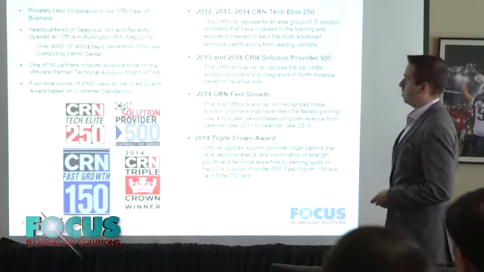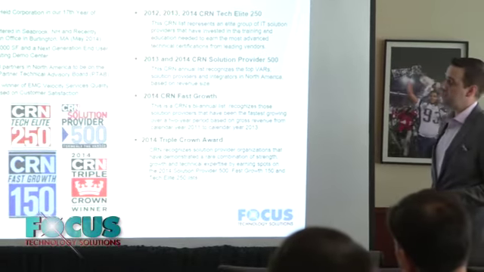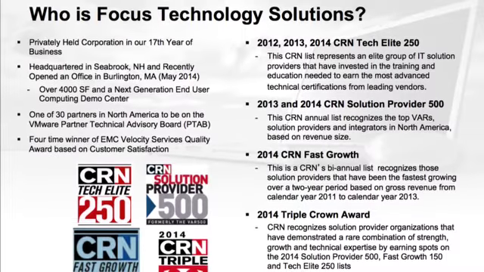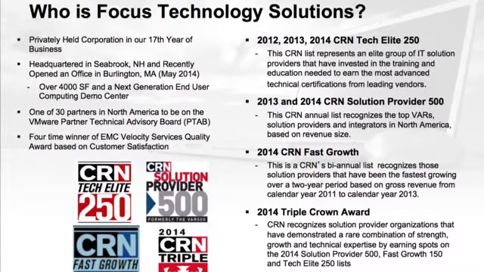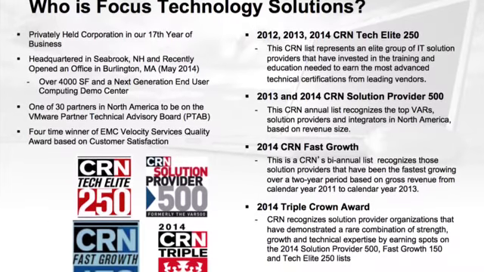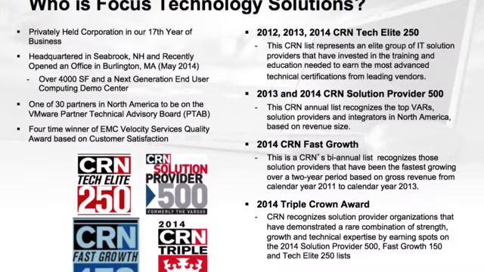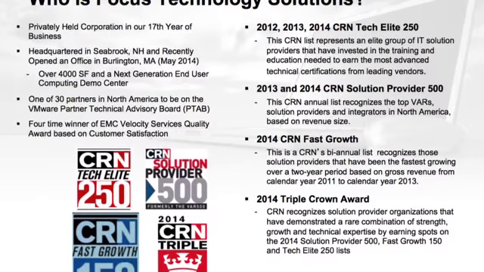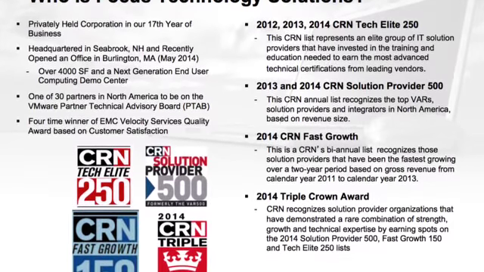So a little bit about us. This is our 17th year in business, and we're pretty honored to be in the group of what CRN calls the Triple Crown Award, which is fastest growing, in the top 250 tech elite, and in the top 500 solution provider.